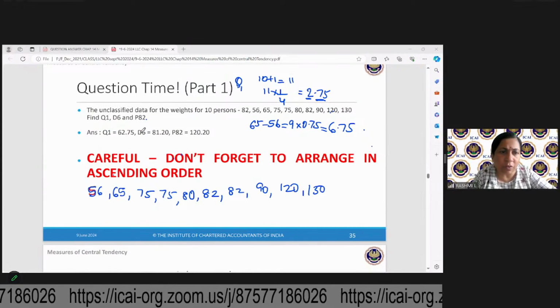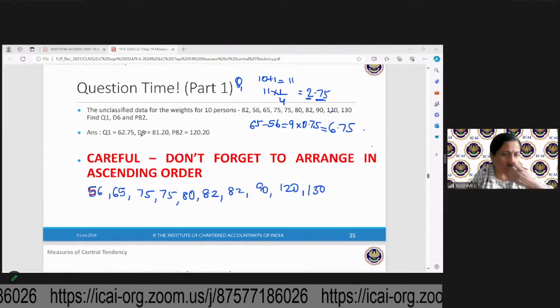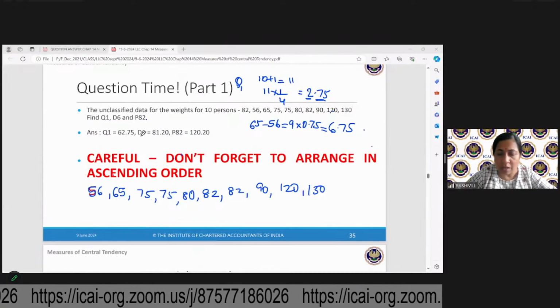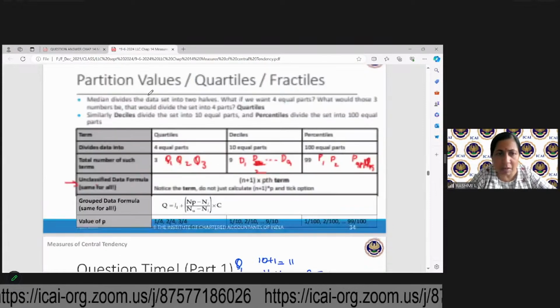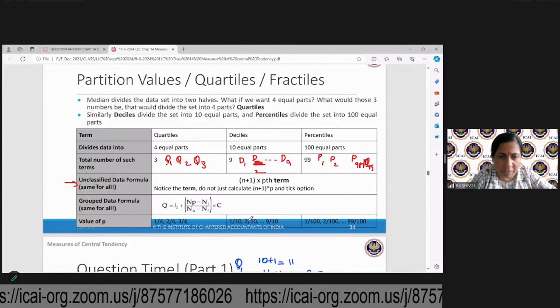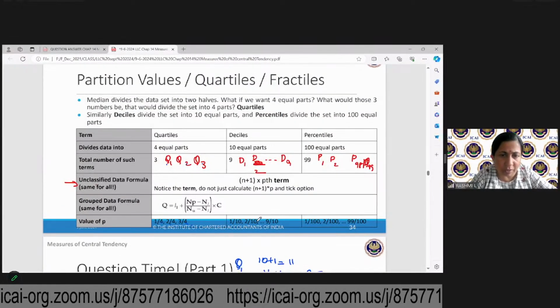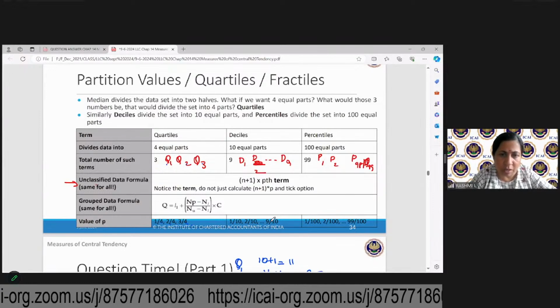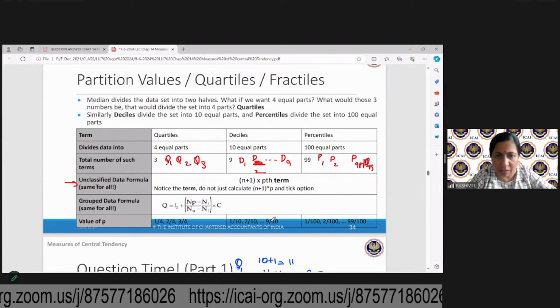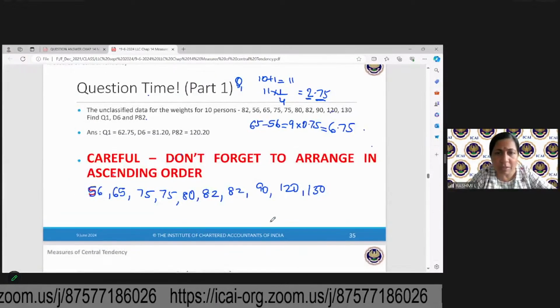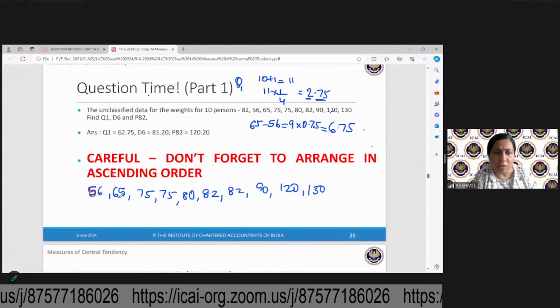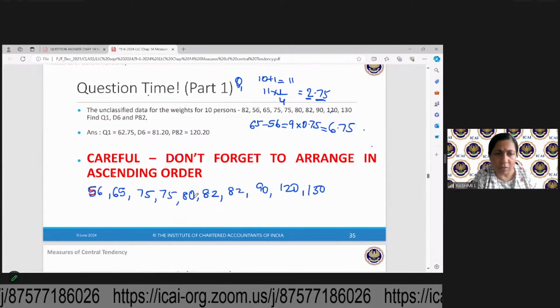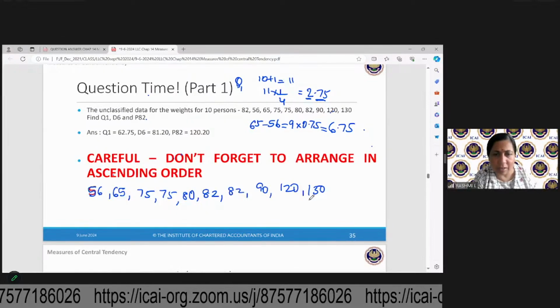Then when I want to find D6, what is the 6? So D6 will be decile and sixth. So this will be 6 upon 10. You have 1 upon 10, 2 upon 10, up to 6 upon 10. Okay. So how much is 6 by 10 of the difference? 1, 2, 3, 4, 5, 6, 7, 8, 9, 10.